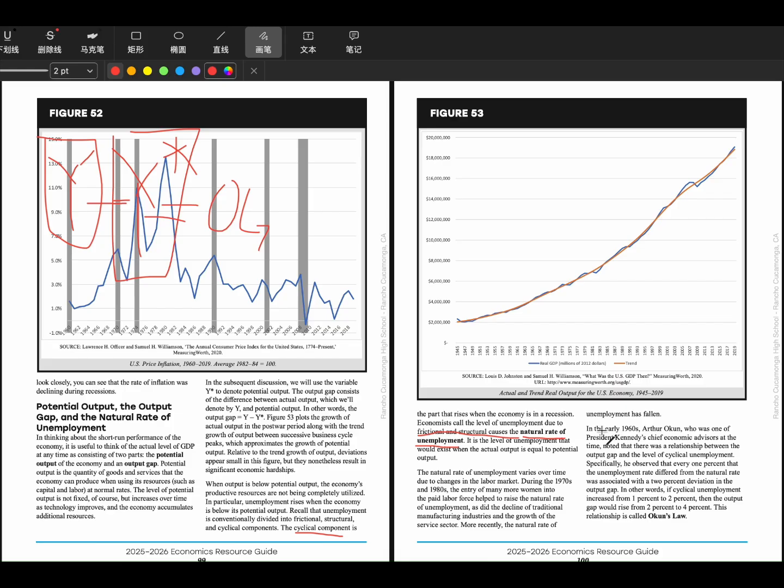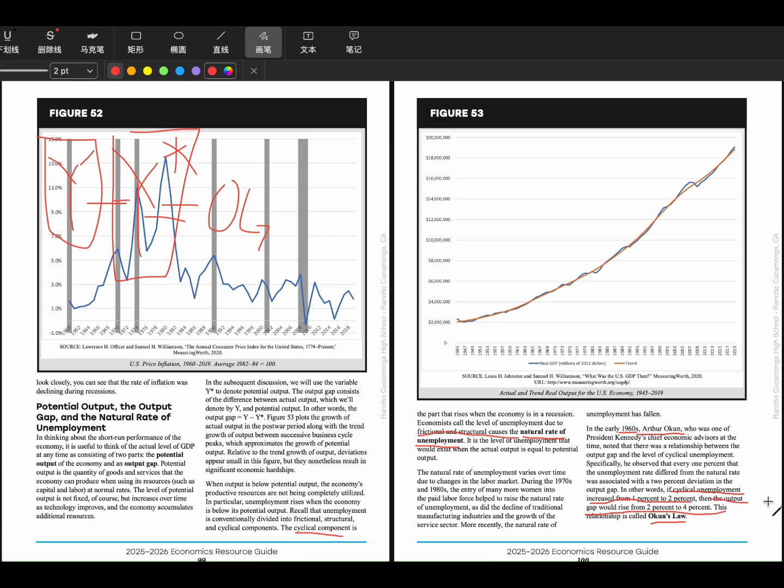Now, there's another thing that you have to memorize over here. It's Arthur Okun. In the early 1960s, he presented Okun's Law. He states the relationship between cyclical unemployment, which is a bad unemployment, and the output gap: if it increases by 1%, the output gap would rise from 2 to 4%.